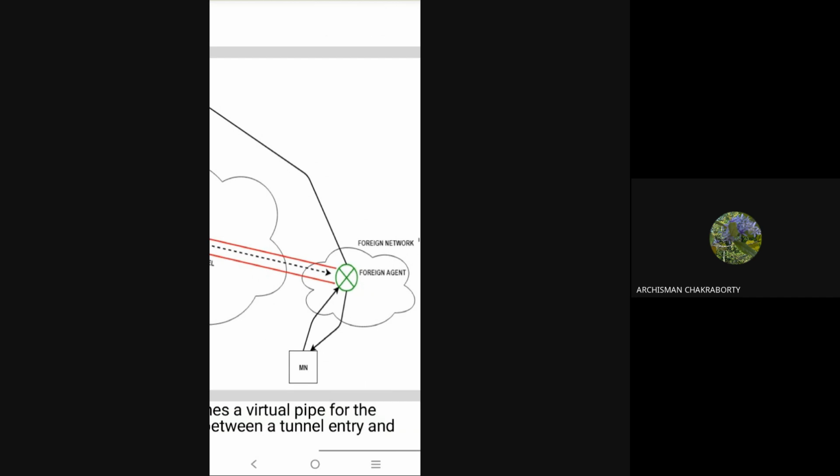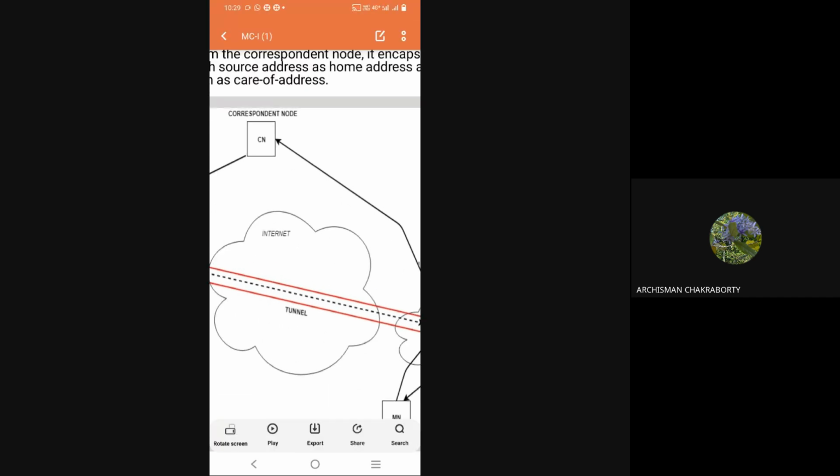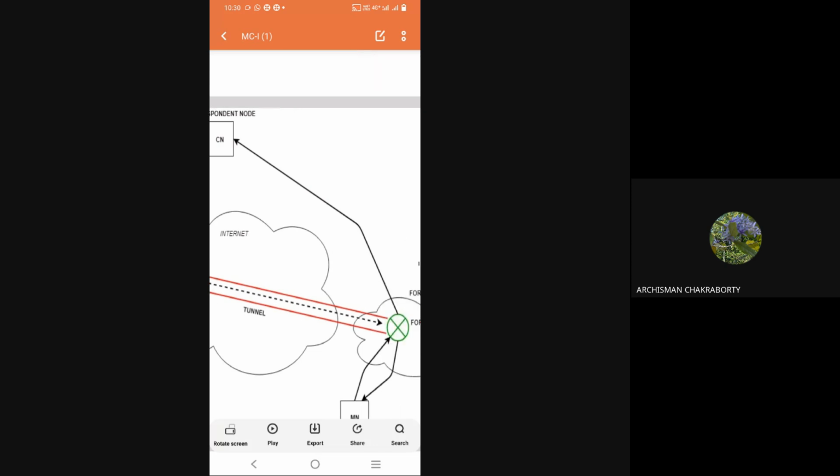Now the question arises, how does the foreign agent know the address of the corresponding node? You know that when sending data, along with the data, the destination address and source address are available. So the data delivered to the foreign agent through the tunnel not only contains the data itself, but also two addresses: the receiver address and the sender address.